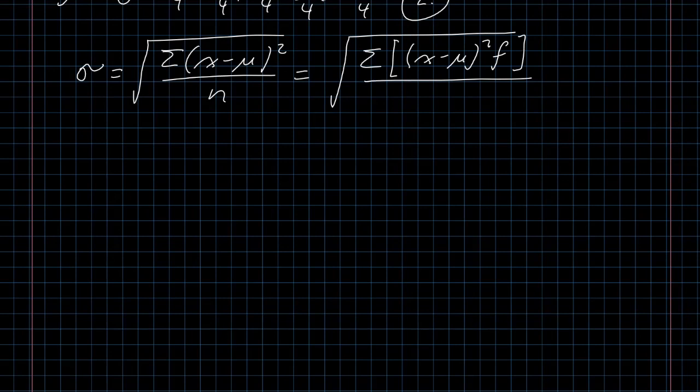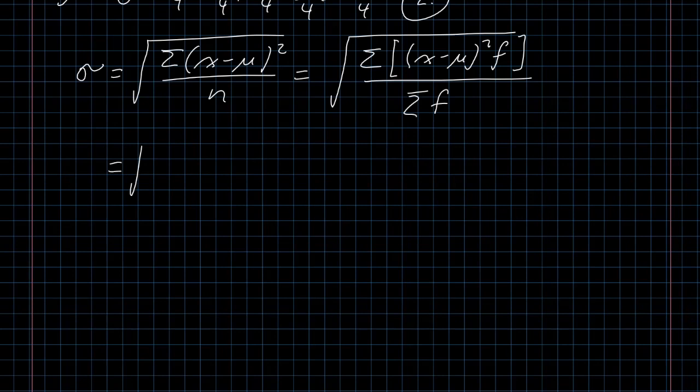And then we find the number of samples by adding up all of the frequencies. And here, once again, a probability distribution is a frequency distribution that just replaces frequencies with probabilities.